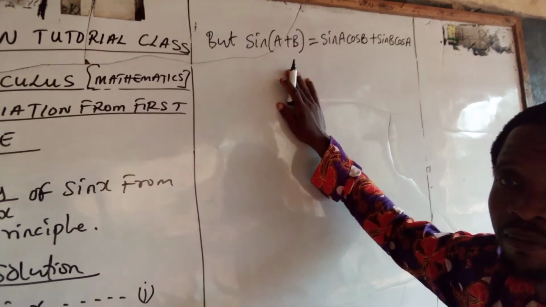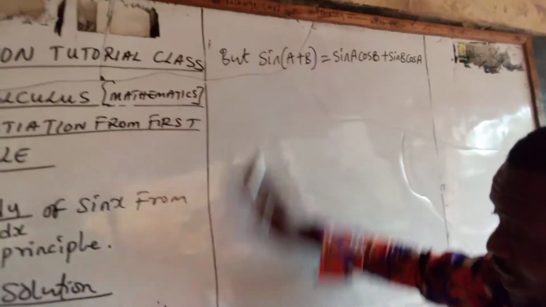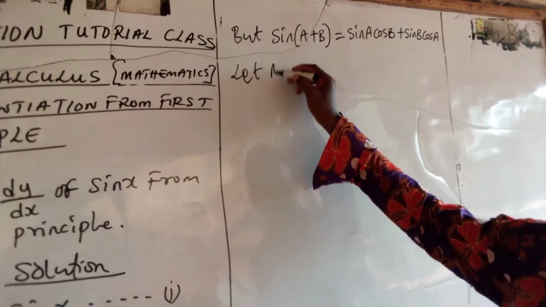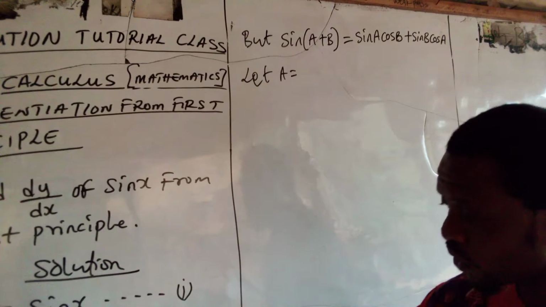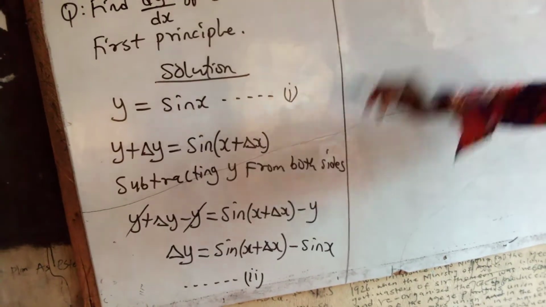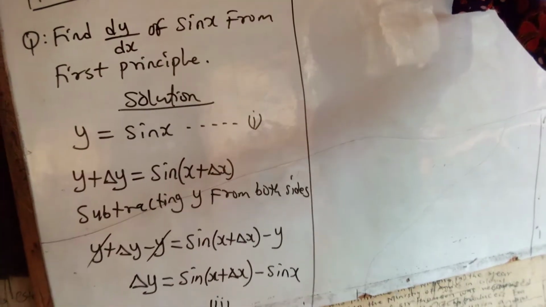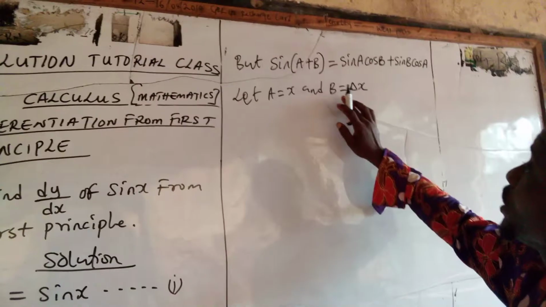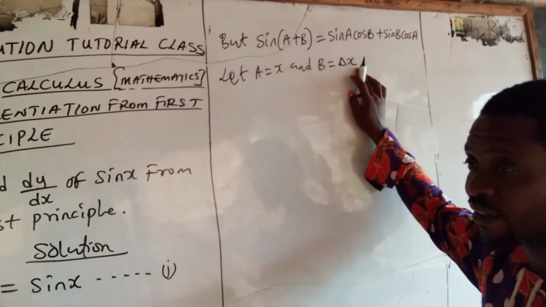That is the formula. So you compare this and this. We now say let our a be equal to this s, and let our b be equal to change in s. So any place you see a, you put s. Any place you see b, you put change in s.